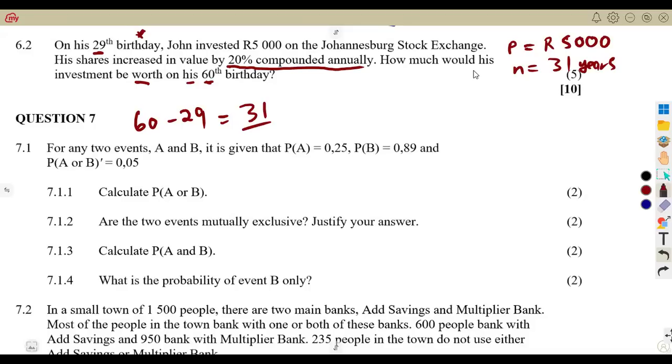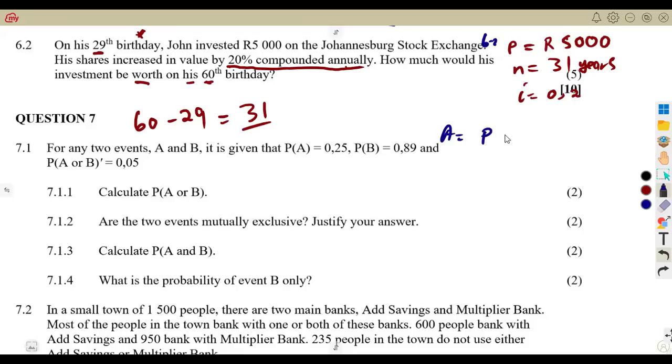There is an interest compounded annually. So 20 divided by 100, that's 0.2. This is annually compounded, so we are using the compound interest formula to calculate that amount.